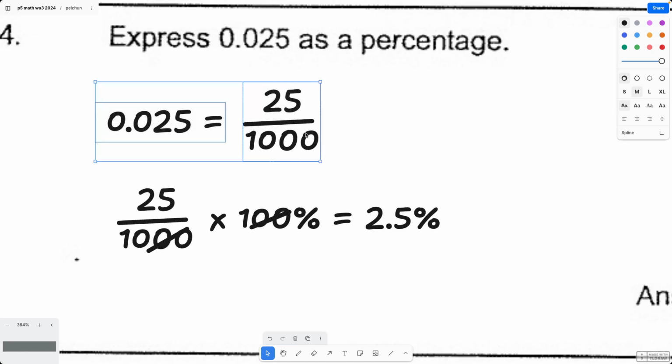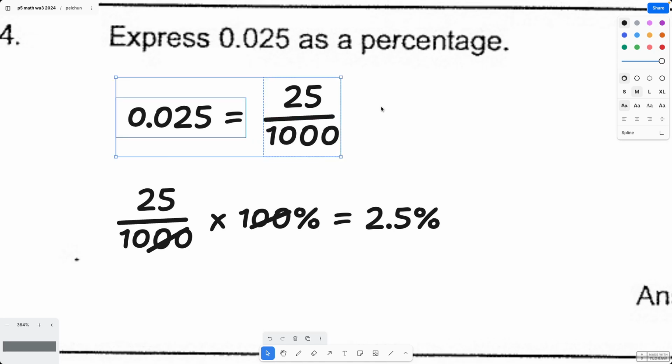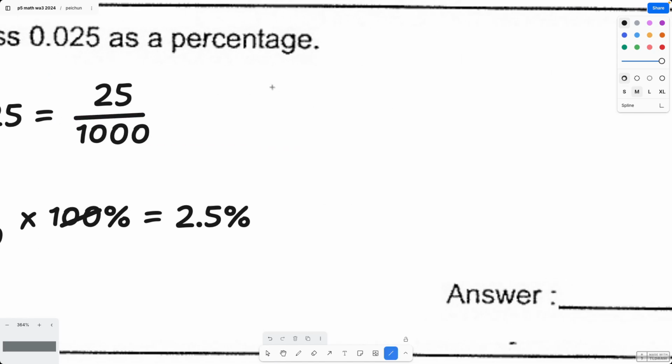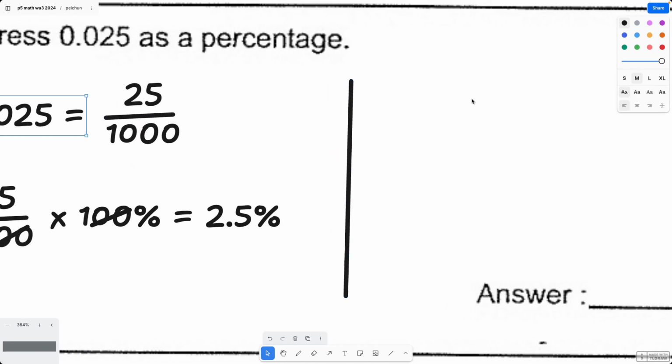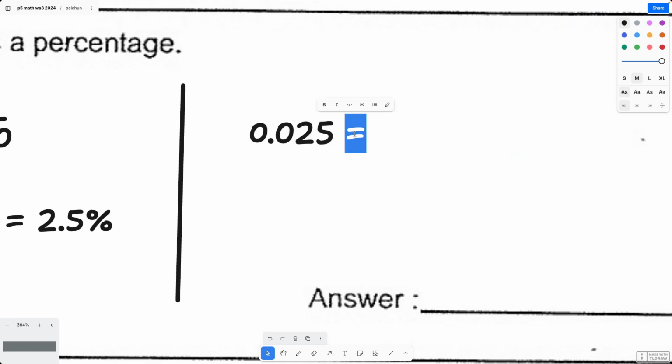So that's like a long way. Another simpler way, to be honest, is just to multiply the decimal by 100. Okay, and you get in this case 100. If you count the number of zeros, it is 2.